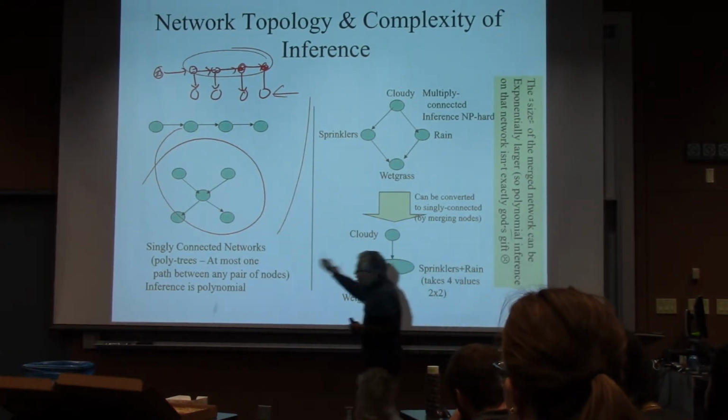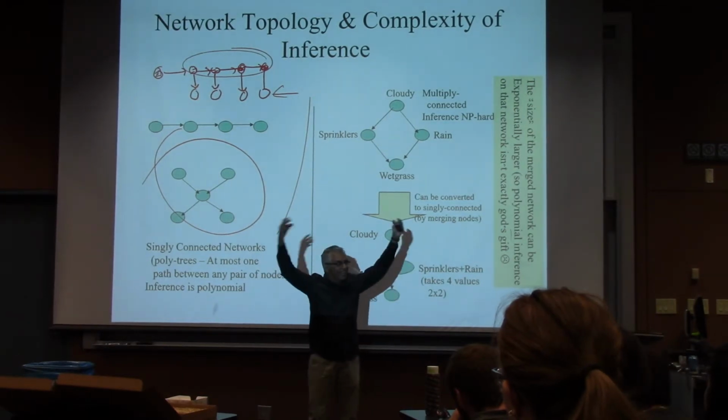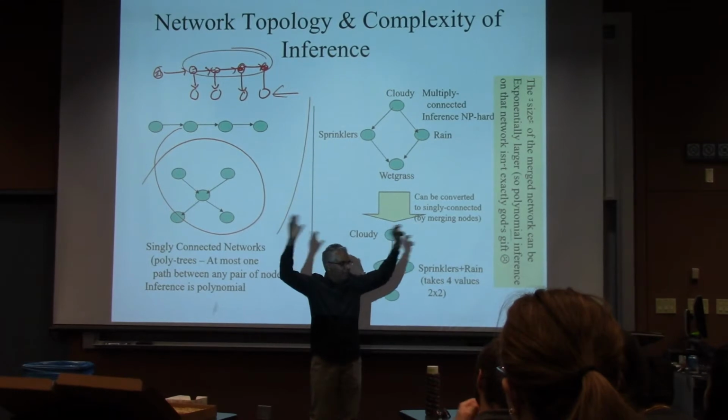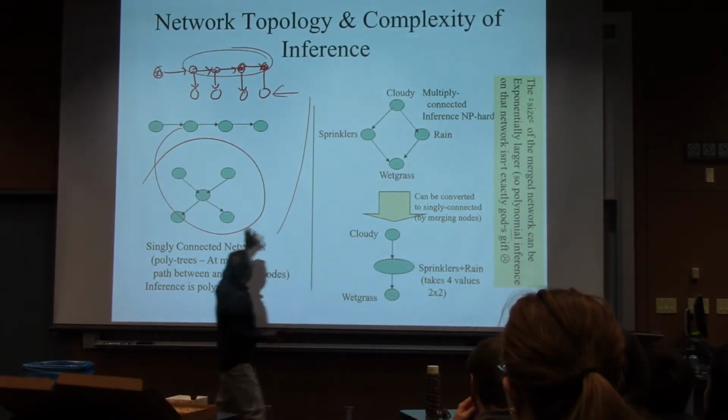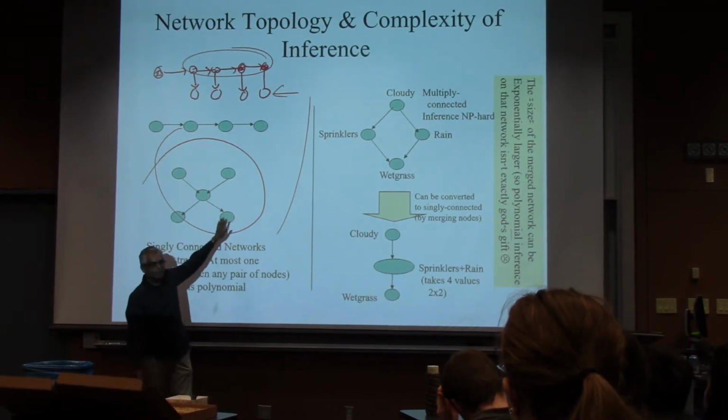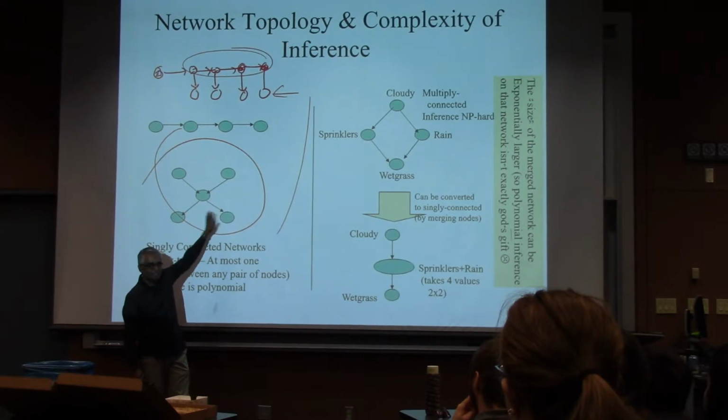So in the inference case, there are two parts. The hidden versus non-hidden is only about learning. But if I give you the network with all the CPTs, then exact inference on these networks is polynomial. So this is like the modus ponens class for Bayes networks.